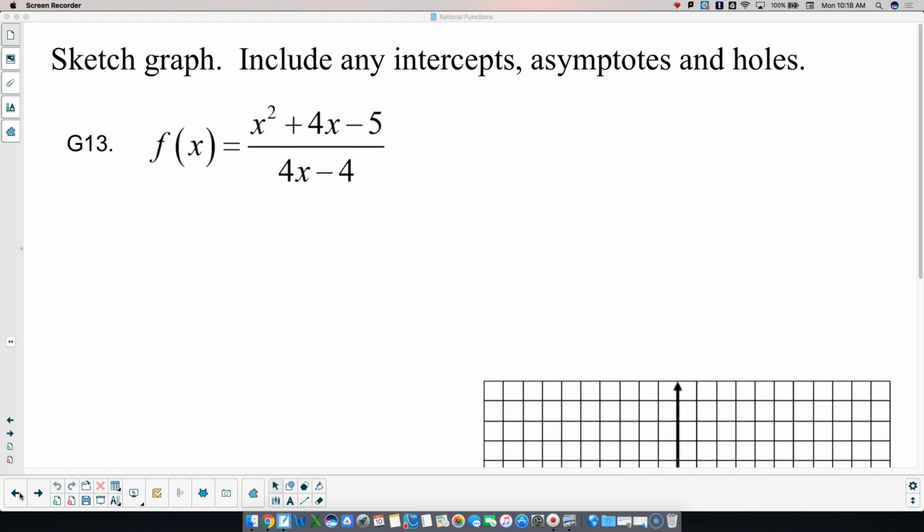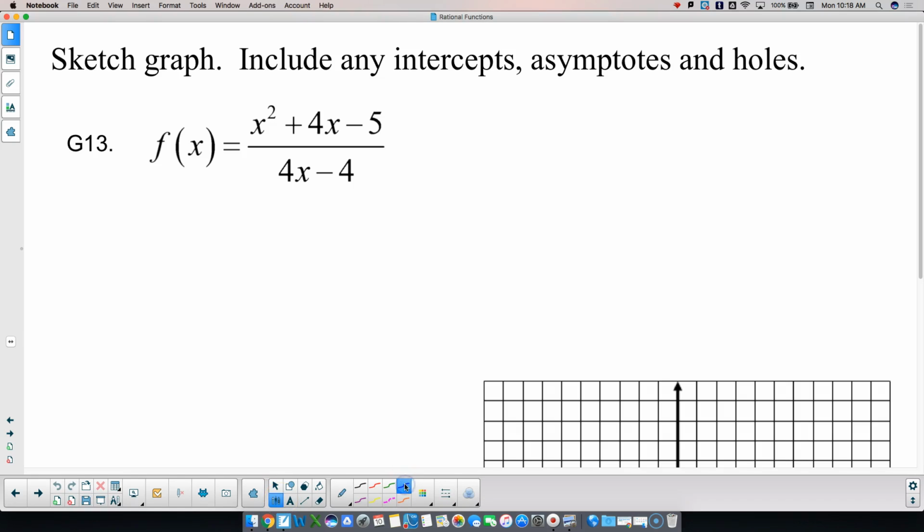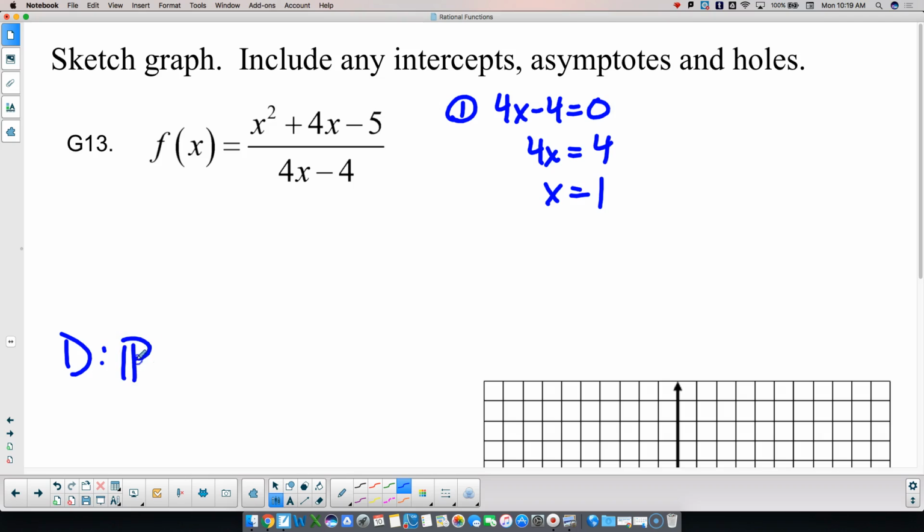Step number 1 says what? Find the domain. So how do I find the domain? Denominator equal to 0. Agree with that? Okay. So my domain here is all real numbers, but x cannot be equal to 1.